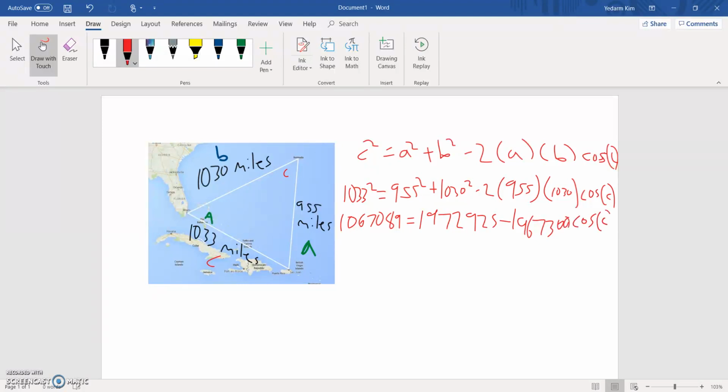Cosine of C. Right now we're trying to solve for C, so first we'll subtract this number on both sides.